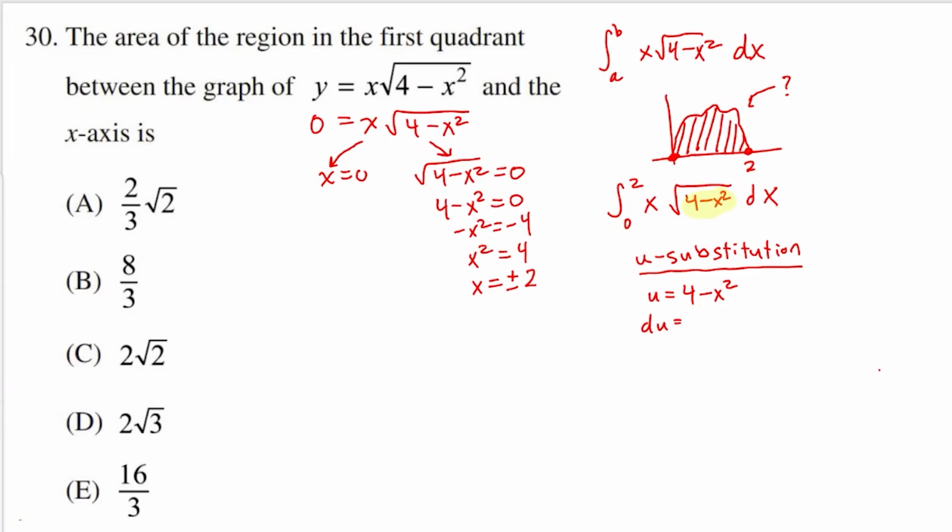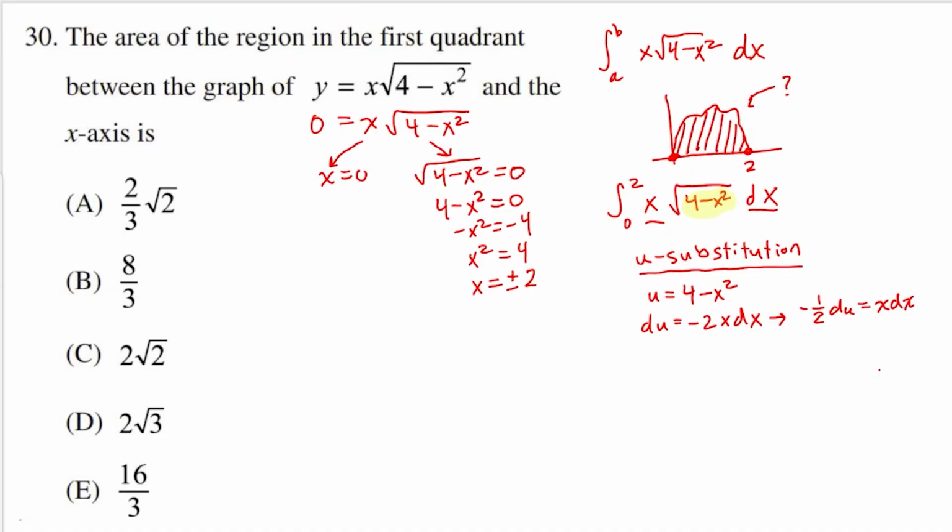Du would be negative 2x dx, but in our expression we only have x dx, so we need to rearrange this du equation by dividing both sides by -2, and we get -1/2 du equals x dx, which we actually do have in that expression.